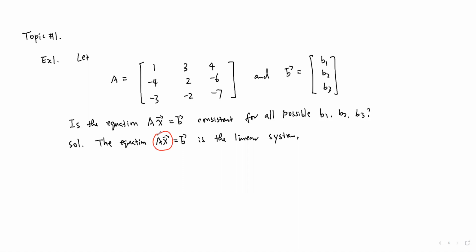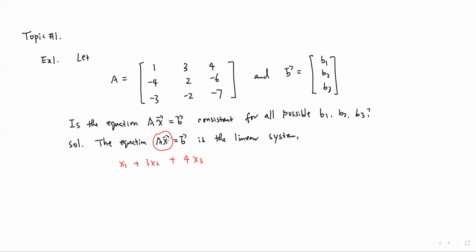This is a vector. The first entry of this vector is row 1 times the vector X. It is first entry times first entry, X1, second entry times second entry, then third entry times the third entry.